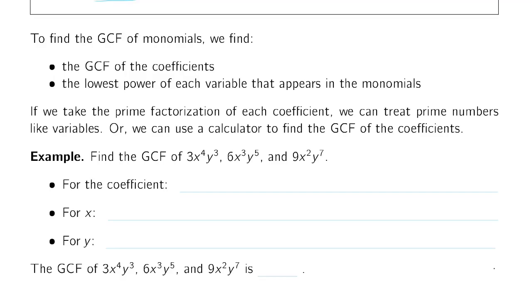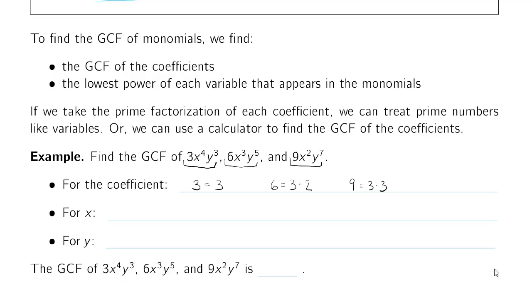So for the coefficient, if we want to take the greatest common factor of 3x to the fourth y to the third, 6x to the third y to the fifth, and 9x squared y to the seventh, well, the coefficients, 3 is already prime, 6 is 3 times 2, 9 is 3 times 3.